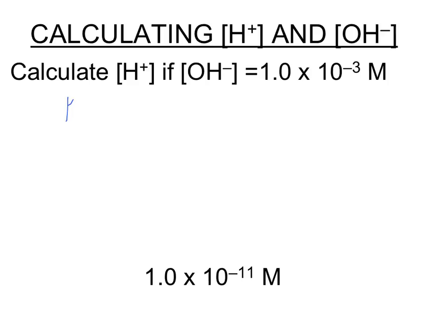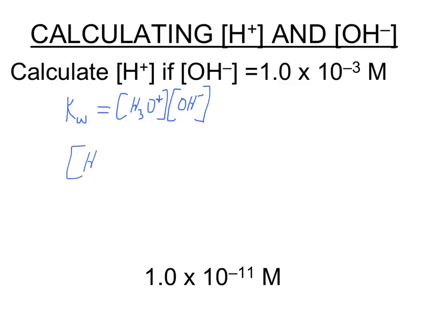So kW equals the acid concentration, and again, hydronium ion and H plus we're going to use interchangeably, times the OH minus concentration. Okay, so I'm looking for this. I know what kW is. I know what the OH minus concentration is.